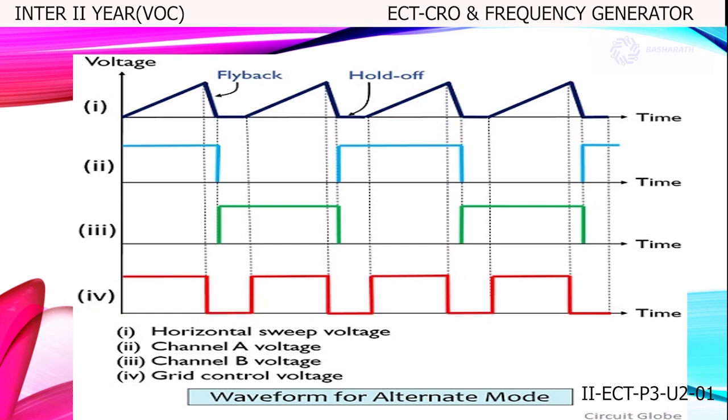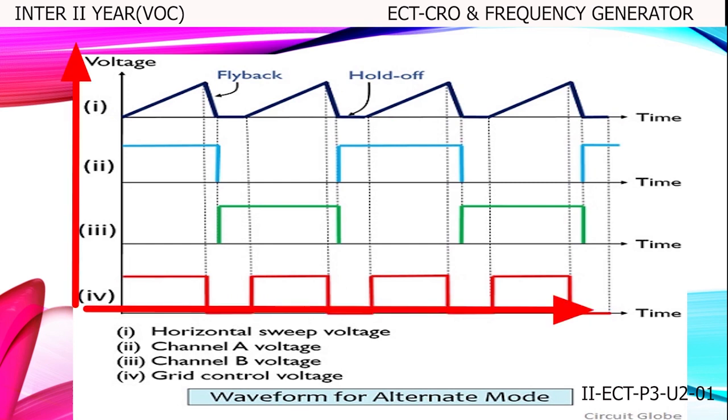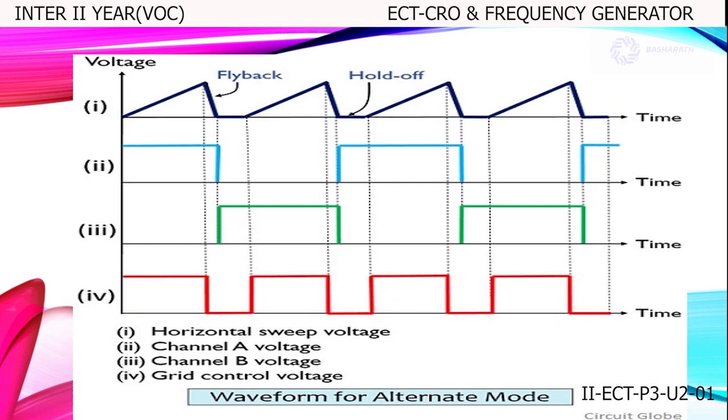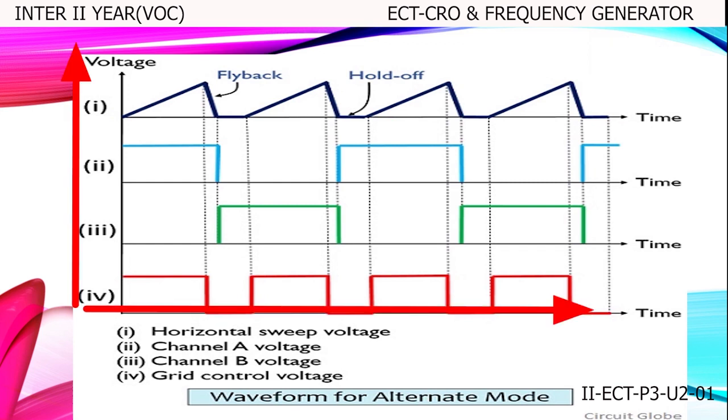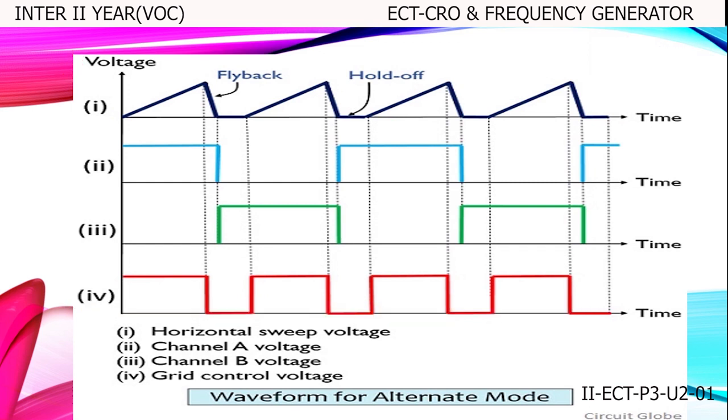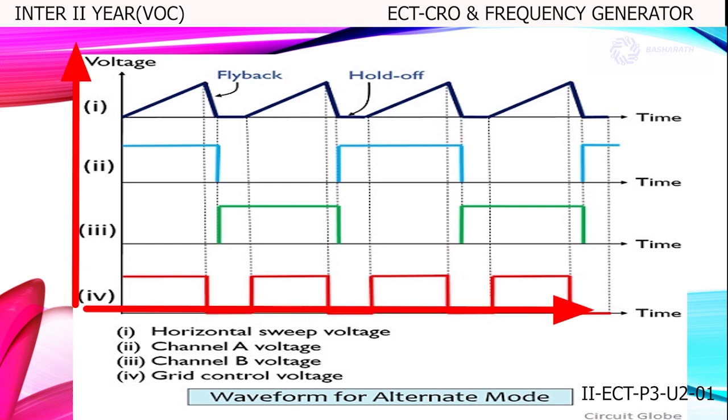This leads to the spotting of traces of each channel on one sweep. Like in first sweep, traces of channel A will be spotted, then in the next sweep, traces of channel B will be considered by the CRT.